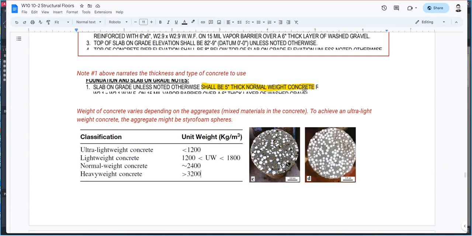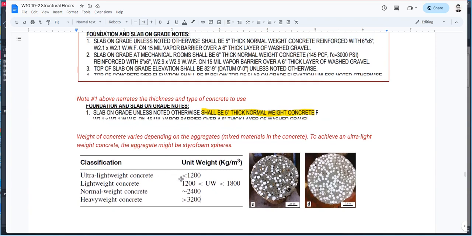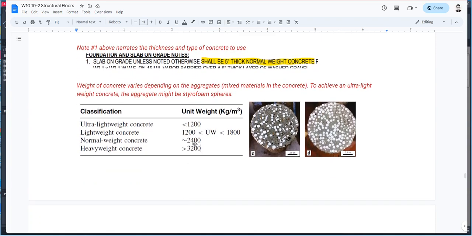Normal weight concrete means a concrete that is filled with gravel and sand will weigh roughly around 2,400 kilograms per cubic meter. So that's the weight.